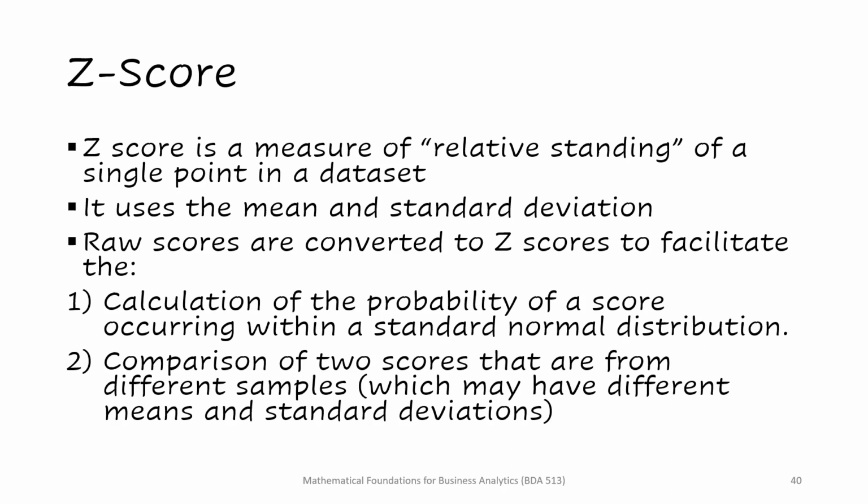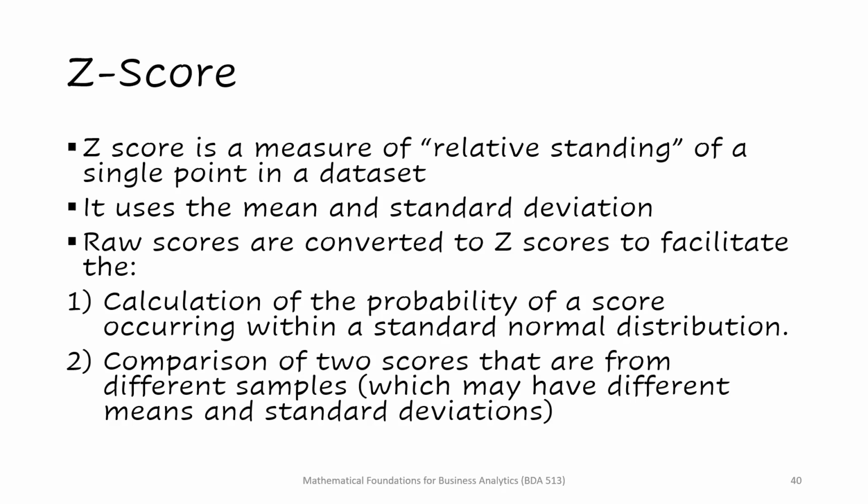So another way of looking at the relative standing is to use the Z-score. The Z-score is a measure of relative standing of a single point in a data set. Here too, it uses the mean and the standard deviation. Normally the raw scores are converted into Z-scores.